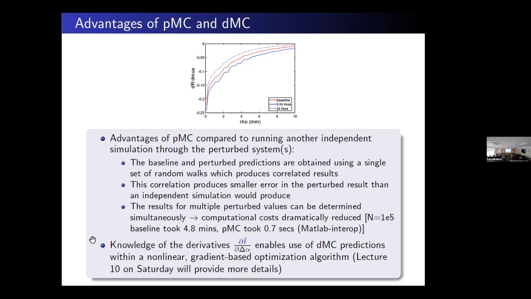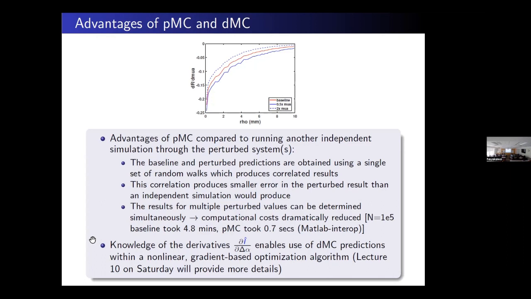Another thing is that you can get the results for multiple perturbed values by post-processing that database, and quite a bit faster. Running an independent simulation takes 5 minutes. We can get the results in less than a second.